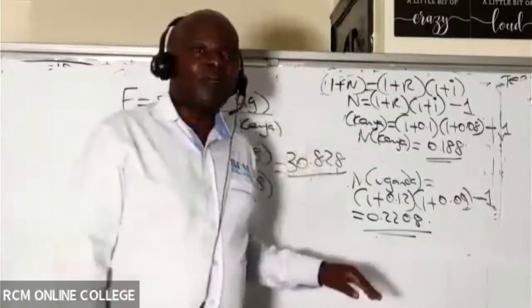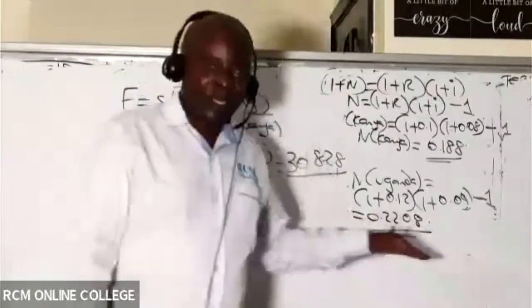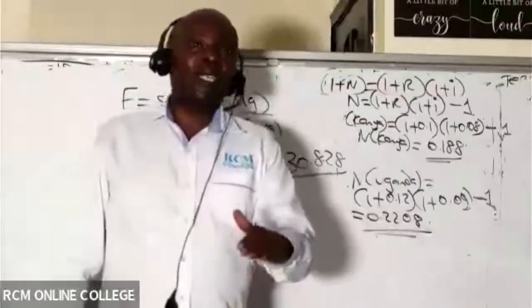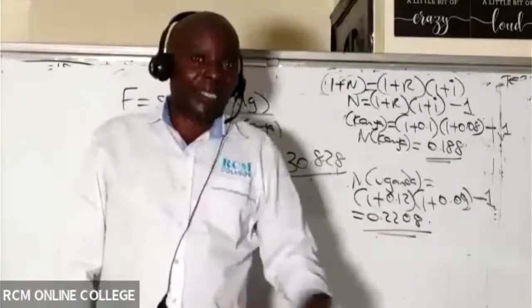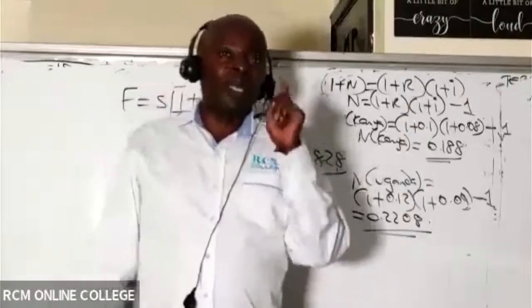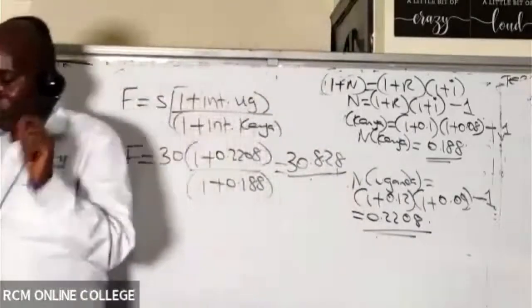Anything that has got inflation has to be cancelled. So inflation will be cancelled. Also, with Fisher's, if they've given us its interest, it has got inflation, you cancel. So you shall use the normal interest rate. I'll be able to show you how that question looks.